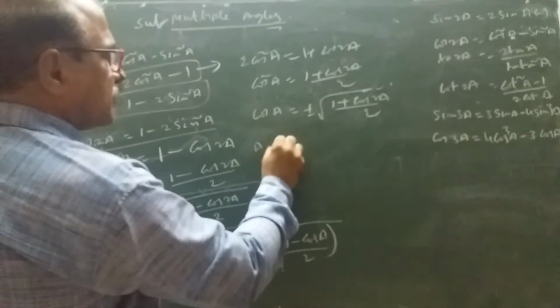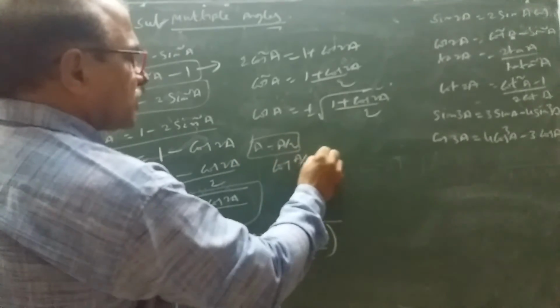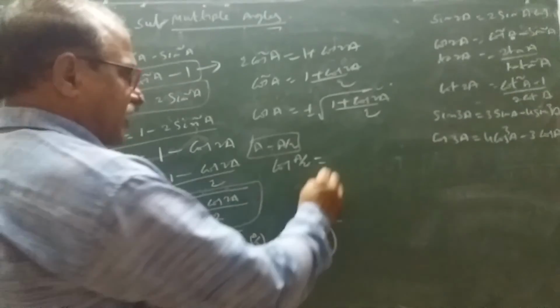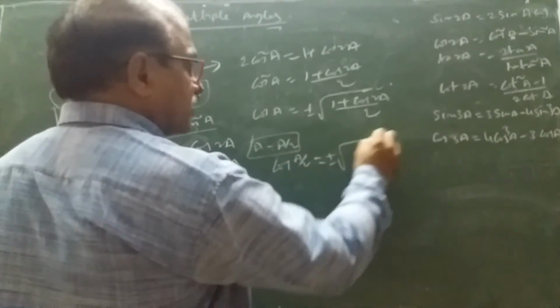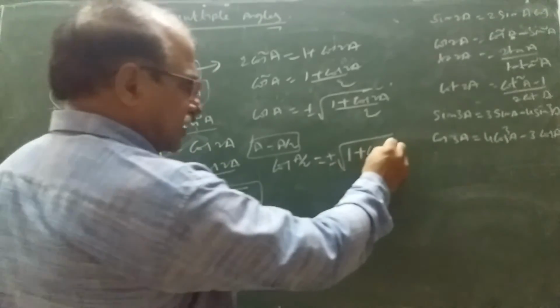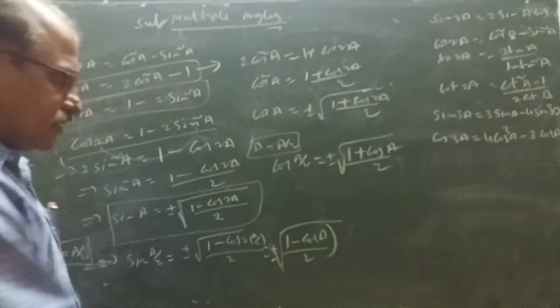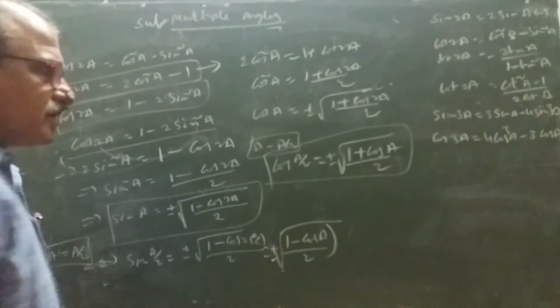If A is equal to A by 2, then cos A by 2 can be found by using this as root of (1 plus cos 2 into A by 2) by 2, that is, root of (1 plus cos A) by 2. This is also a useful formula.